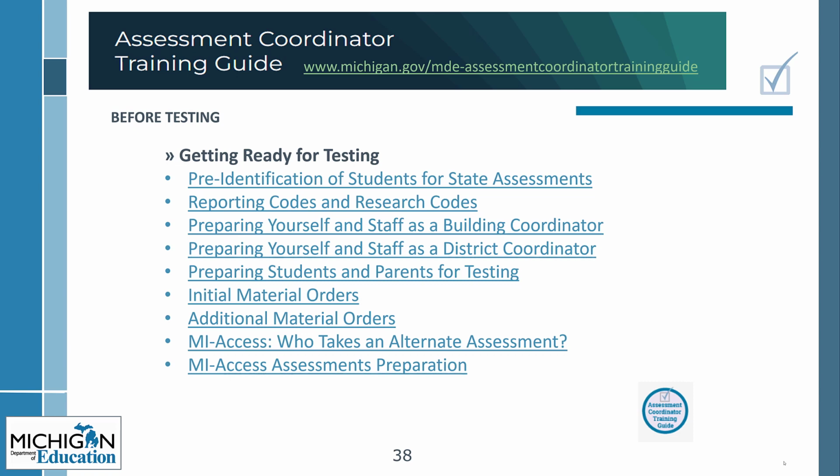These include pre-identification of students, report codes and research codes, preparing yourself and staff as a building coordinator and as a district coordinator, preparing students and parents for testing, initial and additional material orders, MyAccess, who takes an alternate assessment, and MyAccess assessment preparation.